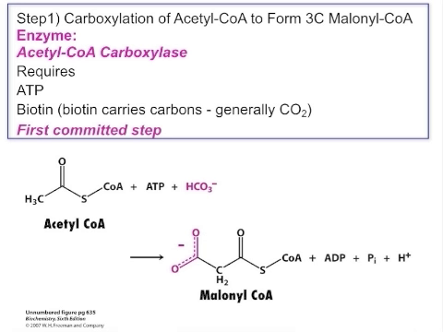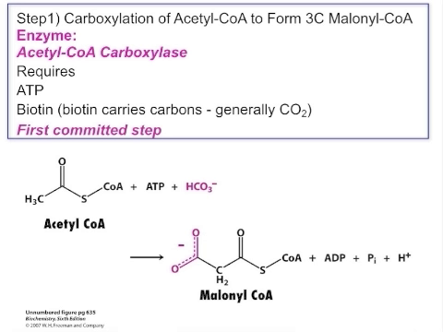Biotin, you'll remember, is a functional group that carries carbon units, generally as carbon dioxide. Now, it's important to remember that carbon dioxide does not travel in the system just as CO2, because that, let's face it, is a gas. Rather, it is usually found as bicarbonate in the system. And so when I say carbon dioxide, please understand that this is bicarbonate actually.